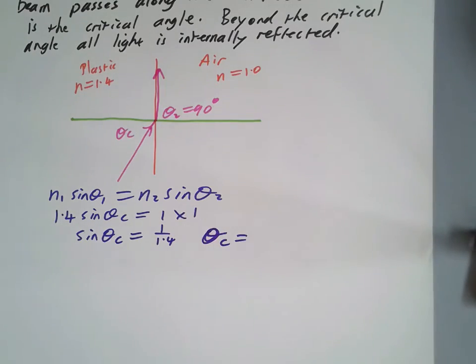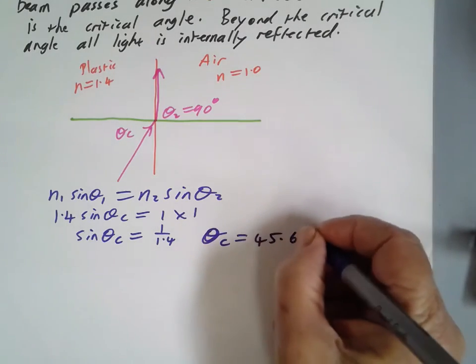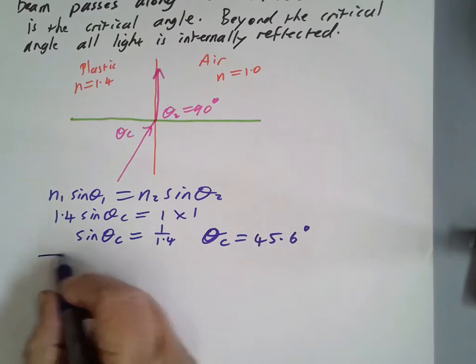Grab a calculator and finish that one off. .6 degrees. We'll talk about the fine details about this as we get there.